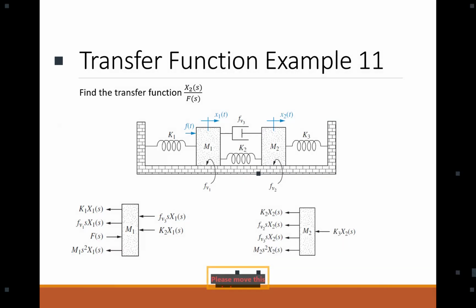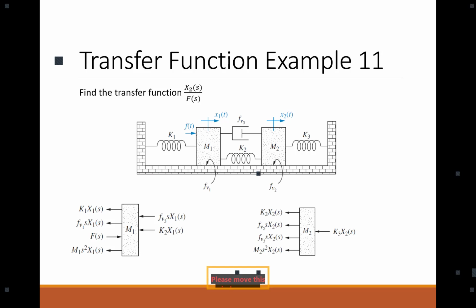Now, let's go to a more complicated example. You don't need to worry when you get a complicated circuit. It's just another step similar to what you had in the simple one. Now you have two masses, okay? That means you have two X's. Do you remember that two loop circuit? Now you have a two mass circuit.